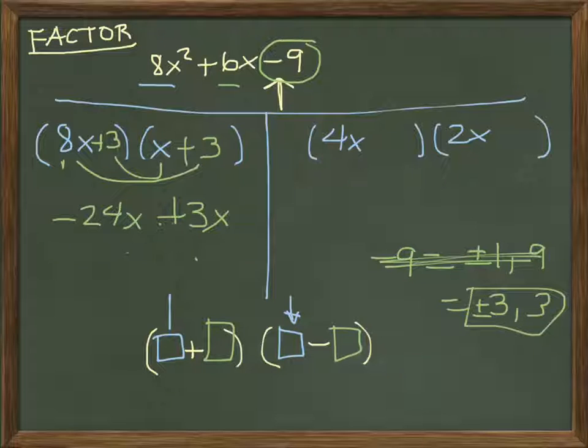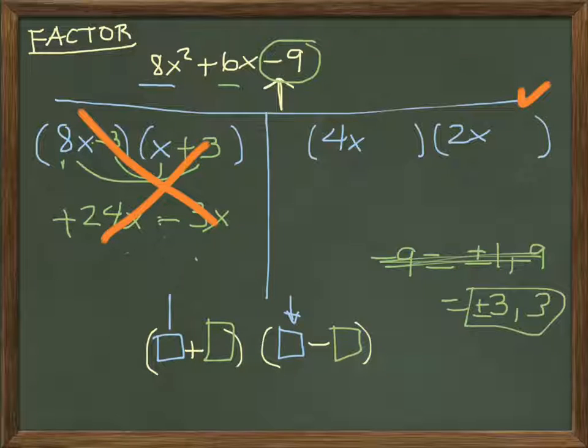If you put now the plus here and the minus 3 here, they're still too big. You're going to get 24x minus 3x. Now this is positive and this is negative, so it didn't make a big difference. You can say, these are too big, I'm not going to use those. This pair should work, and maybe you notice that sooner, and you don't have to spend too much time on this.